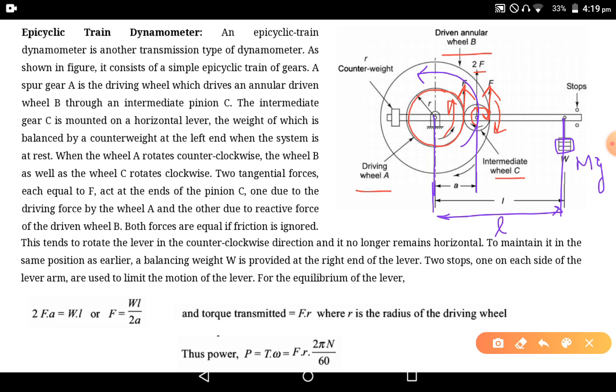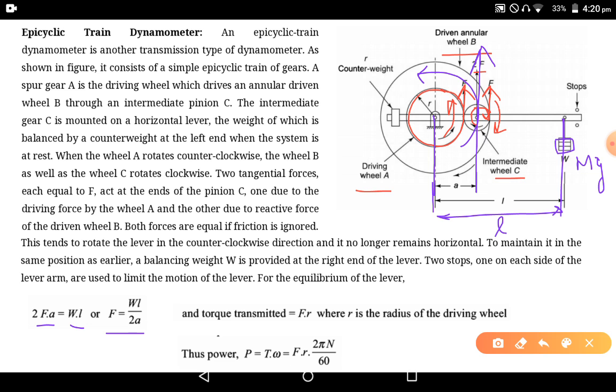So 2F times a is the moment of the force which is acting on the intermediate wheel, and that must be equal to the moment produced by the weight which you have put to balance this, right. So 2F a will be equal to W times L. So from here we can find the value of F, or the force which is acting on the intermediate shaft, right.